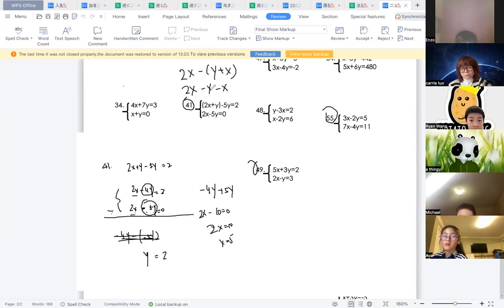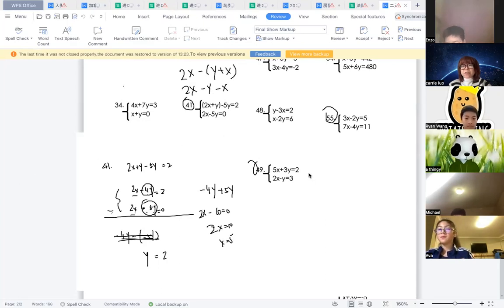So then x would equal 5, right? Yes, x equals 5. Get it, everybody? Okay, when you see the negative, it's totally different.